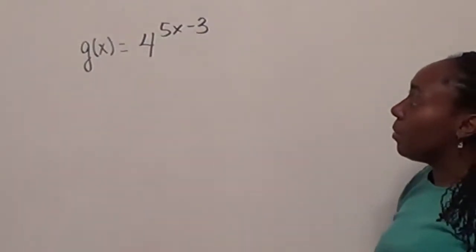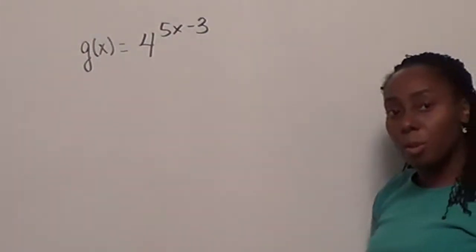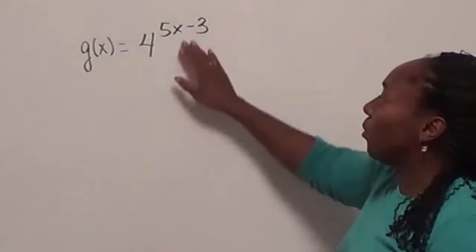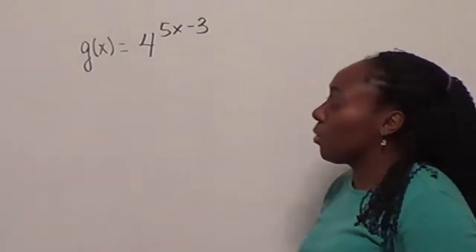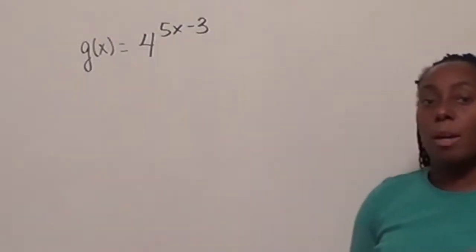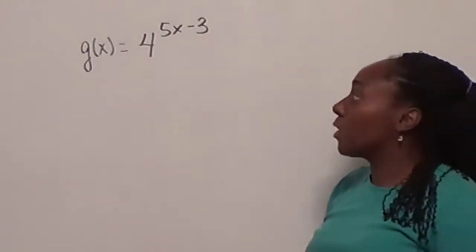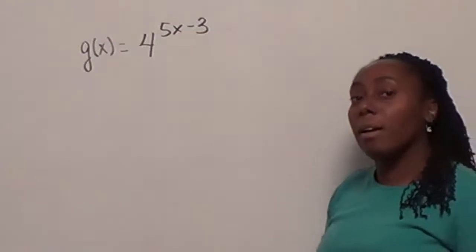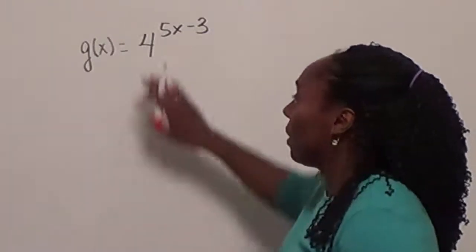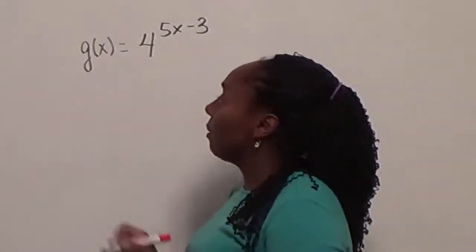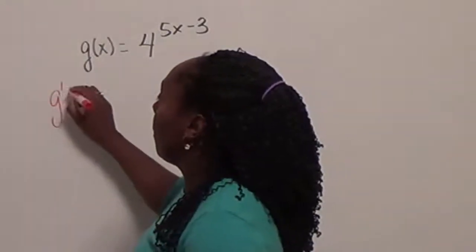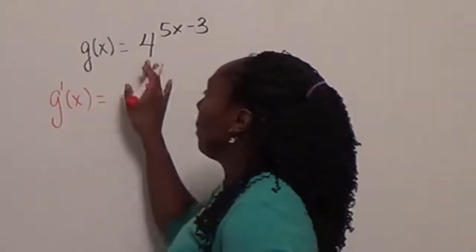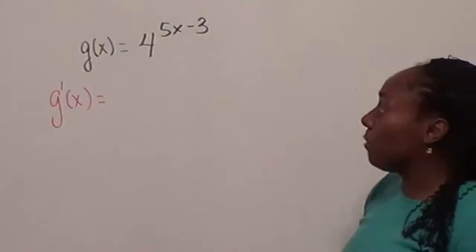In the next one, we're looking at a base of 4, an exponential function where the exponent is 5x minus 3. So again, we'll need to apply the chain rule for the exponent being something other than x, and we'll have to apply our exponential properties for the base being something other than e. So for our chain rule, we apply the exponential property first.